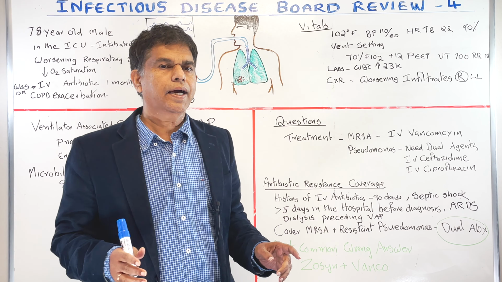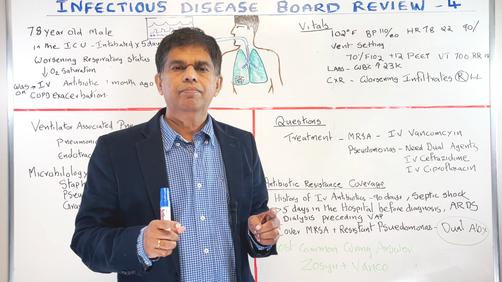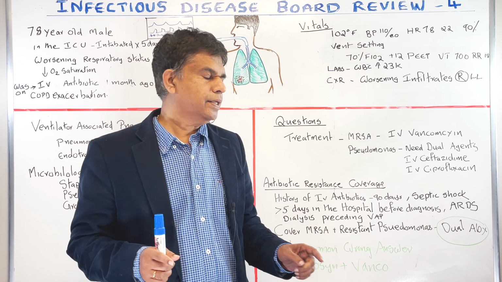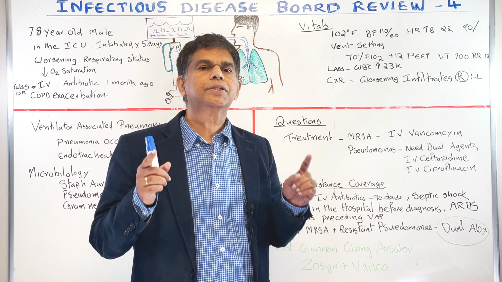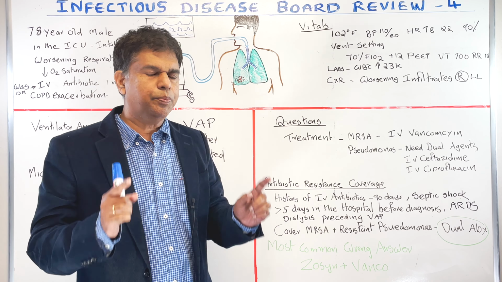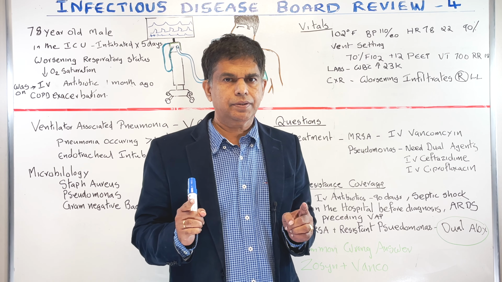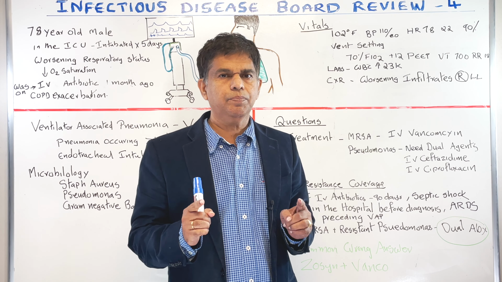Why is that? In this category, you have to cover for MRSA, which is methicillin-resistant Staph aureus, and you have to cover for resistant Pseudomonas also. The key point is that when you treat resistant Pseudomonas, you need dual antibiotic therapy.